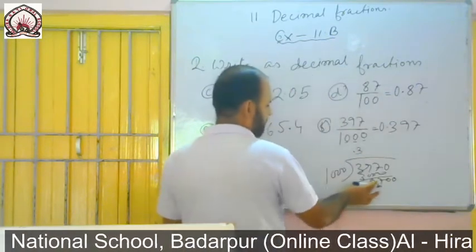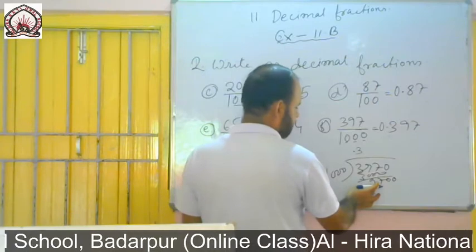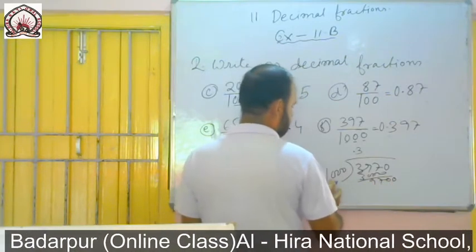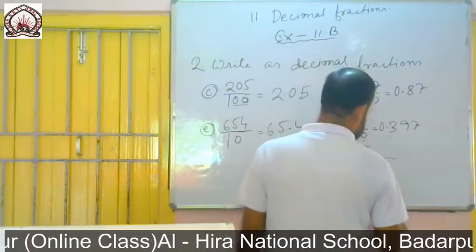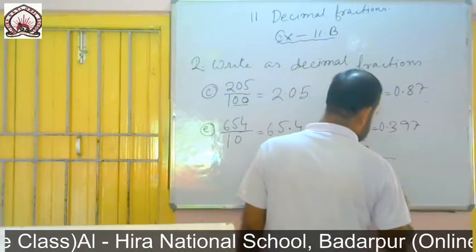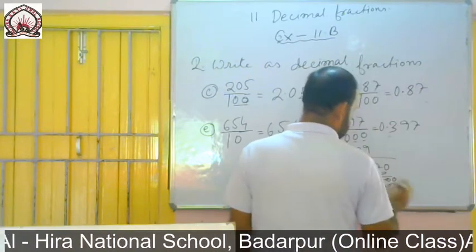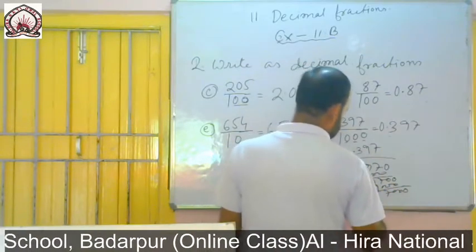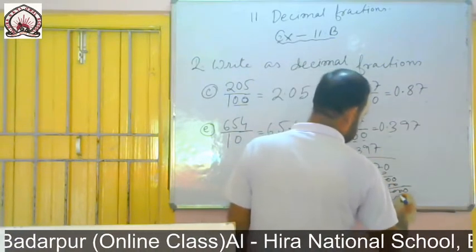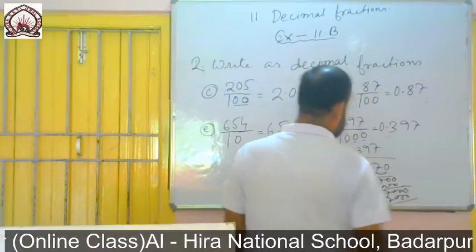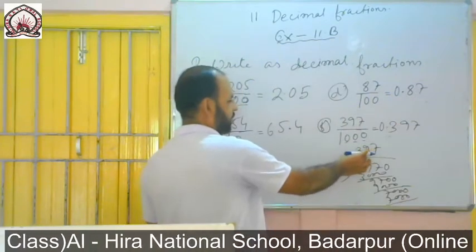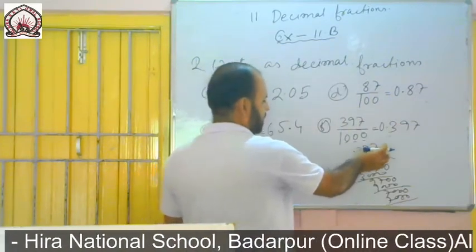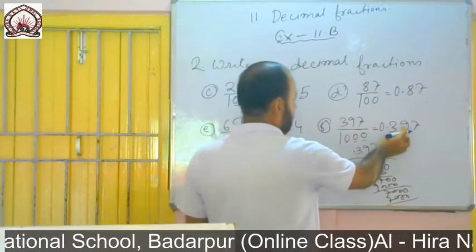So 9700. 1000 goes 9 times, then 9000, remain 700. We add a 0, then 7000. So 1000 times 7 is 7000. The answer is 0.397.